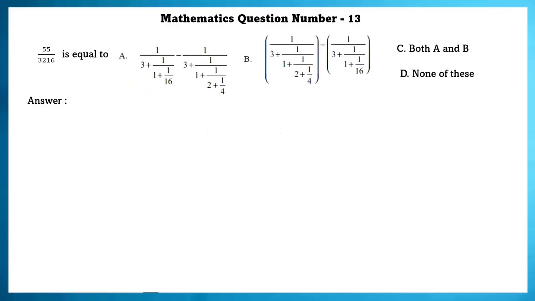Mathematics question number 13. 55 by 3216 is equal to? If we look closely, part 1 of A is part 2 of B and part 2 of A is part 1 of B. With this in mind, let us start solving part 1 of A. That is 1 by 3 plus 1 by 1 plus 1 by 16.